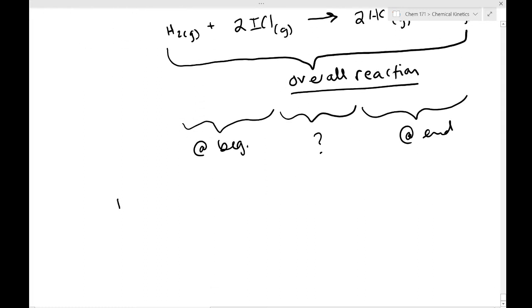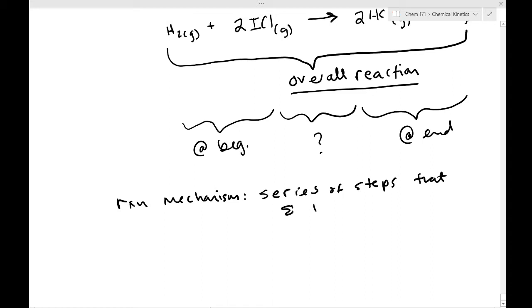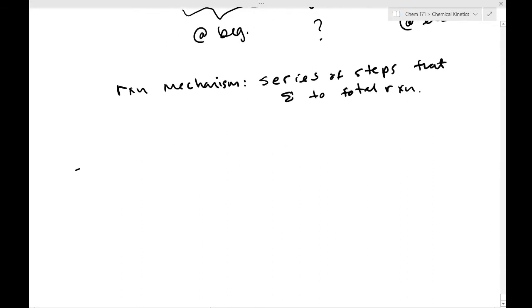So a reaction mechanism, more specifically, is a series of individual steps by which an overall reaction occurs. It's a series of steps that sum to the total reaction, and these are called elementary steps.